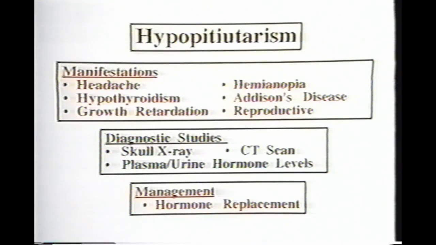The diagnostic studies to confirm the diagnosis of hypopituitarism would be very similar to those for hyperpituitarism. The skull x-ray, CAT scan, MRI to help locate the tumor if that's present, to help locate any problems within the brain itself, and then of course the blood and urine tests to pick up hormone levels.